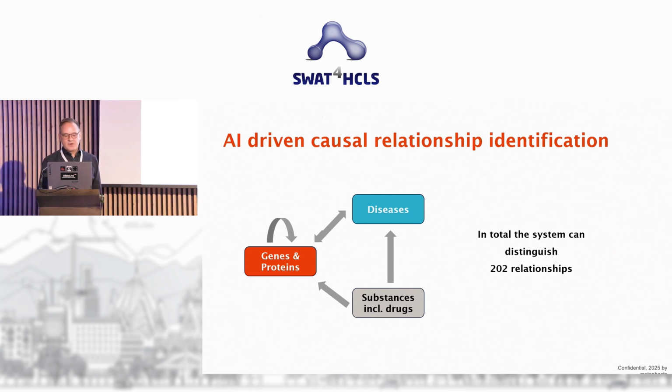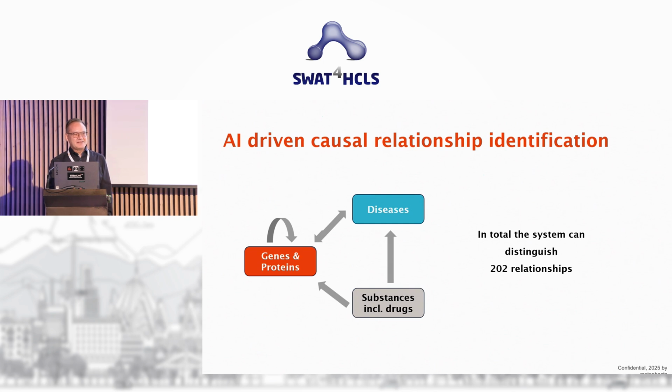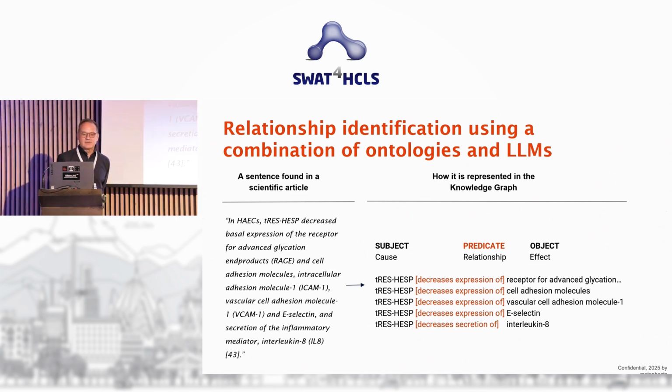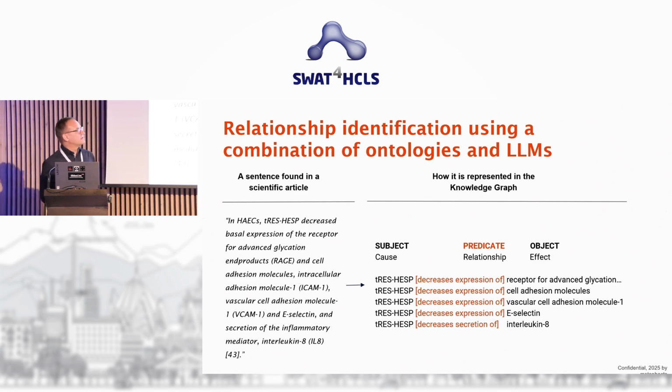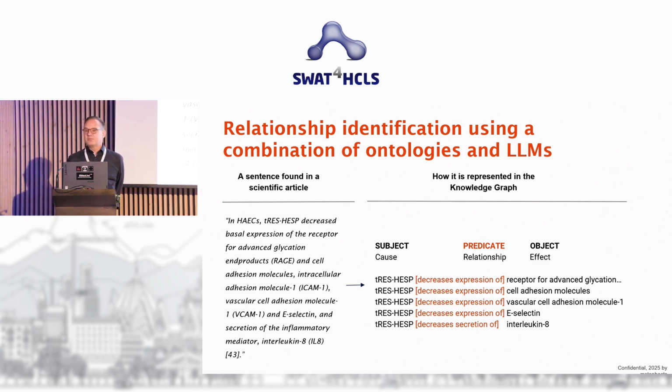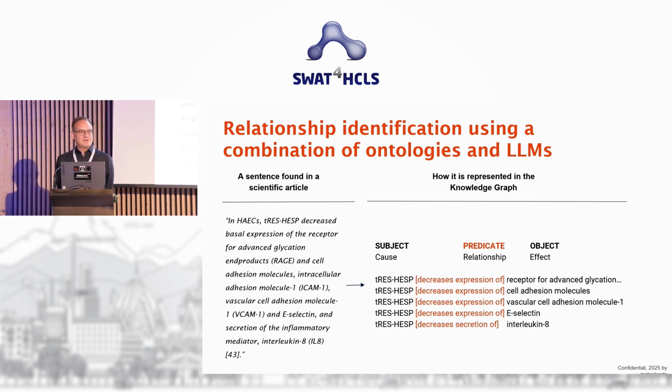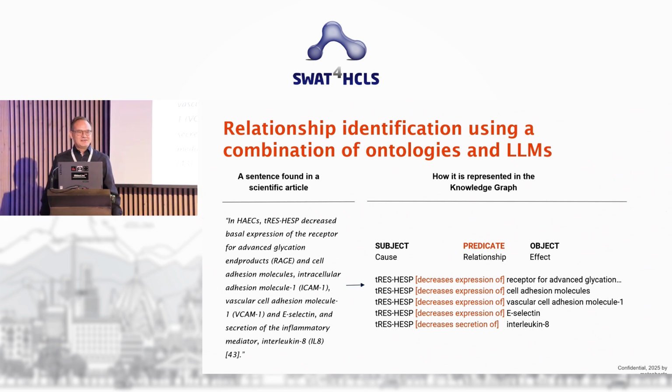We have built, or educated, a system that is able to distinguish more than 200 different relationships. How does it look? If you look at a sentence from a scientific publication, especially in the medical space, these authors have a lot of creativity writing very complicated sentences.